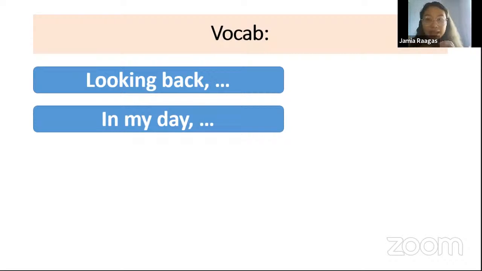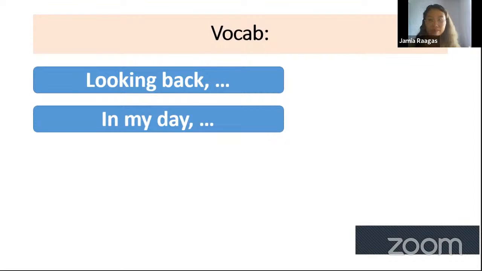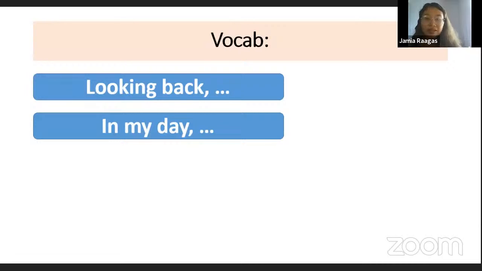That means I'm telling the description of how we played before in my generation or in my past. But now the children are playing computer games. So the difference between looking back and in my day: they're both about the past, but you only use looking back when you say your opinion, whereas in my day, you say a description of something.